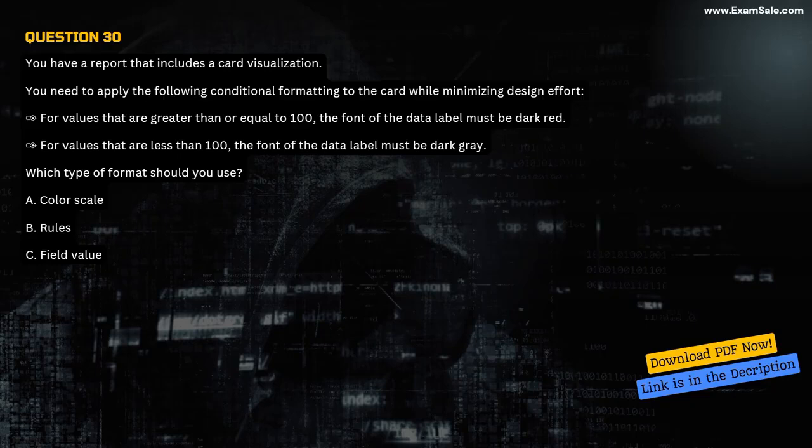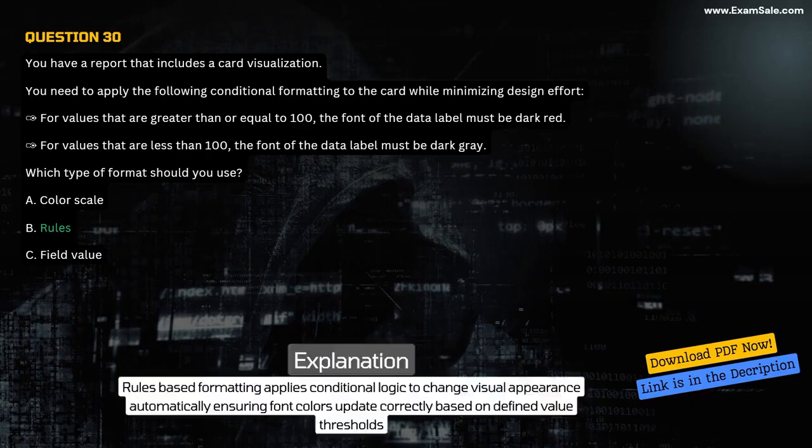Which type of format should you use? A. Color scale. B. Rules. C. Field value. Correct answer B. Rules. Explanation. Rules-based formatting applies conditional logic to change visual appearance automatically, ensuring font colors update correctly based on defined value thresholds.